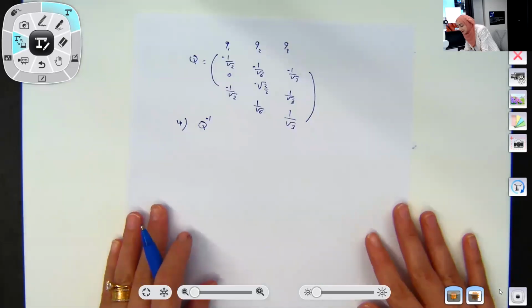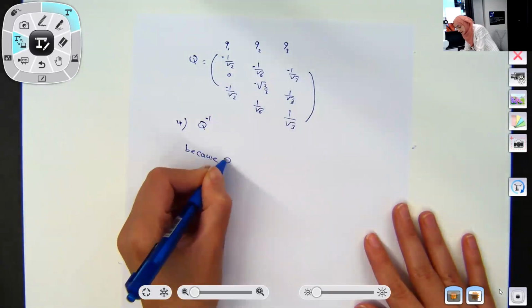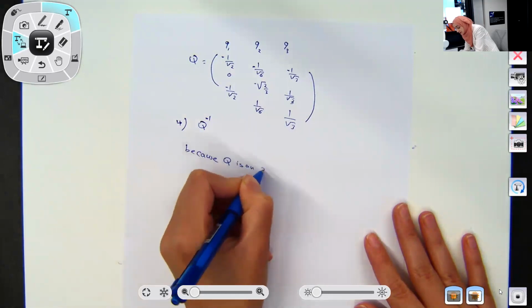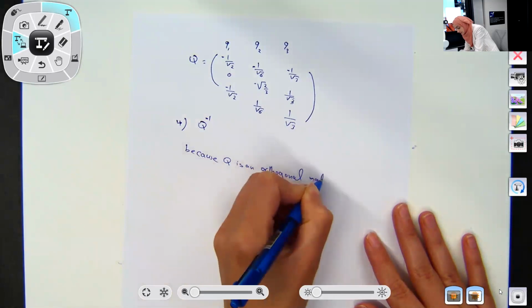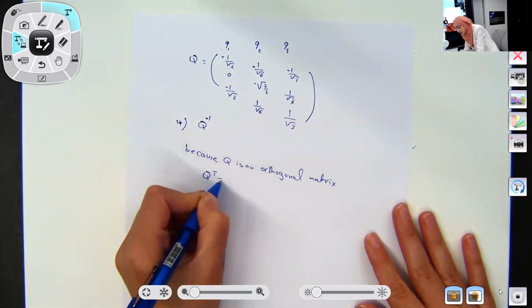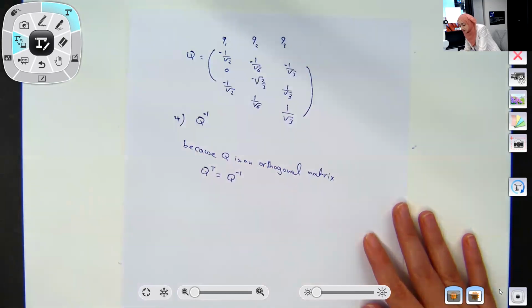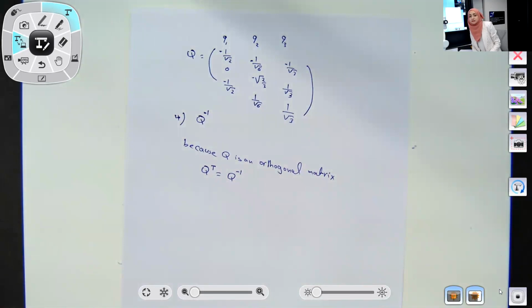Because Q is an orthogonal matrix, let's apply that Q transpose equals Q inverse. So you just need to find the value of Q transpose, and the value of Q transpose is the same as Q inverse because the matrix Q is an orthogonal matrix.